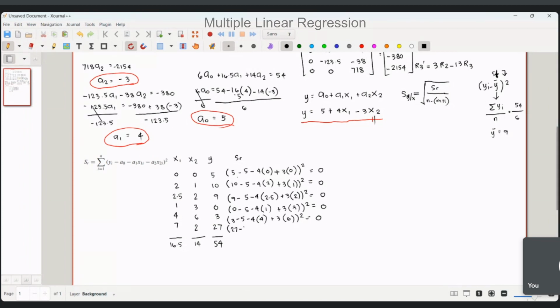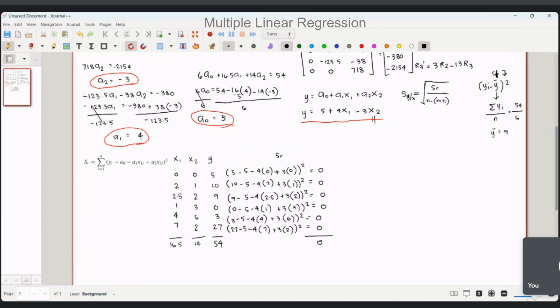Next, 27 minus 5 minus 4 times 7 plus 3 times 2 squared. 28, 22. 22 minus 22, that's 0. So therefore, atong SR kay 0.